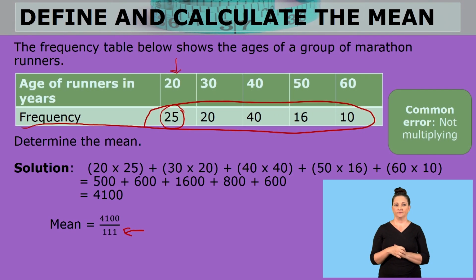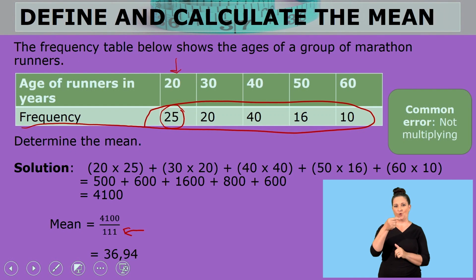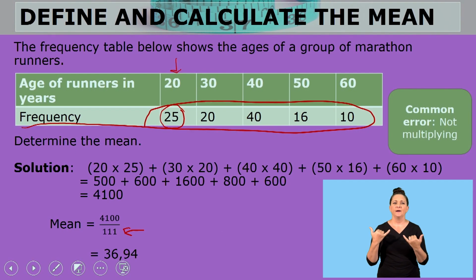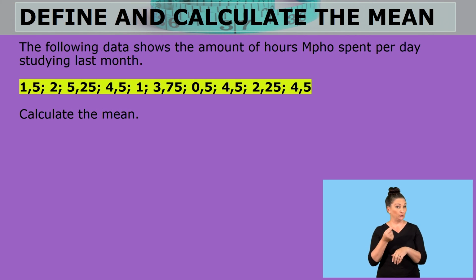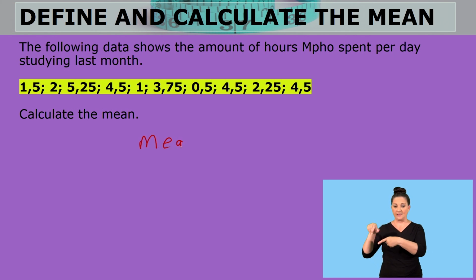Let's do an example. The following data shows the amount of hours Paul spent per day studying last month. Calculate the mean. So we know to calculate the mean, we have to add up all the values and divide it by the amount of them that there are.